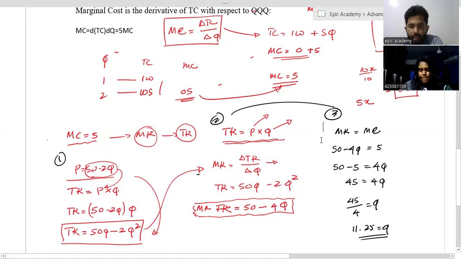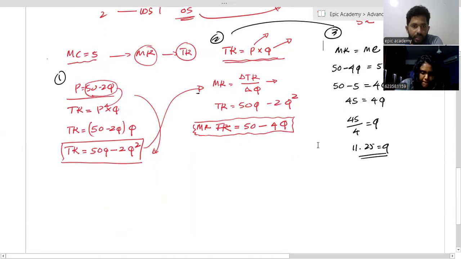Then we can go to the main equation to find the price of the commodity. It is very easy to use the P equation, I mean the demand equation. P equals 50 minus 2Q. Let's use this one.